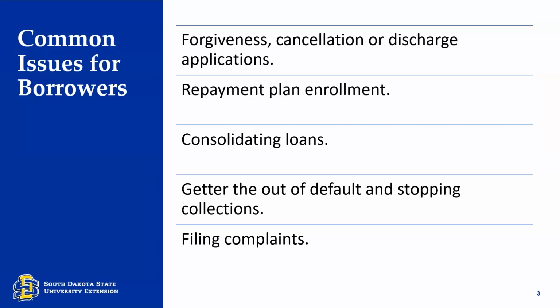So it's about being able to identify the information and the documents they need for that process, and then needing to find and follow step-by-step instructions and help in order to fill out those applications.